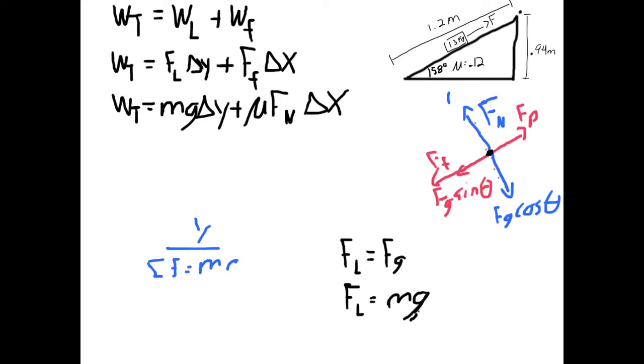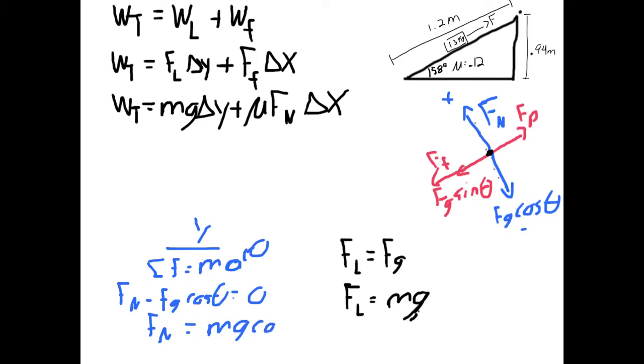If I call up positive and down negative, that's going to leave me with normal force minus Fg cosine theta equals, and I can assume acceleration is 0. The object isn't flying up into outer space or plunging down into the depths of the earth. Meaning normal force, I'm going to go ahead and break Fg down into mg here, is equal to mg cosine theta.